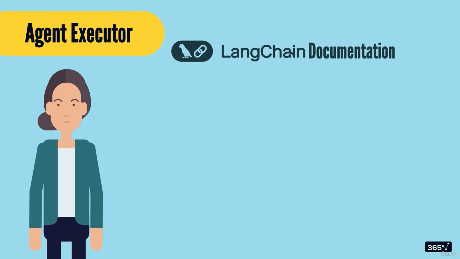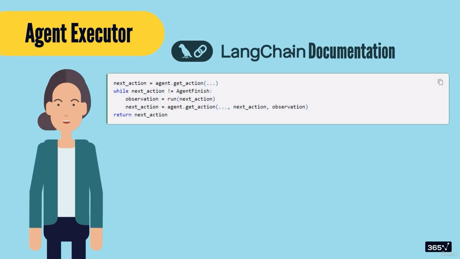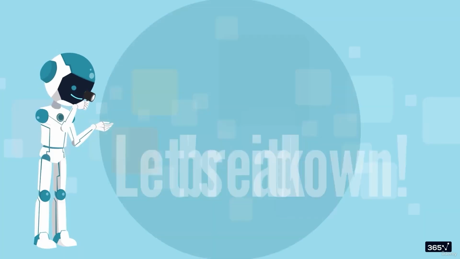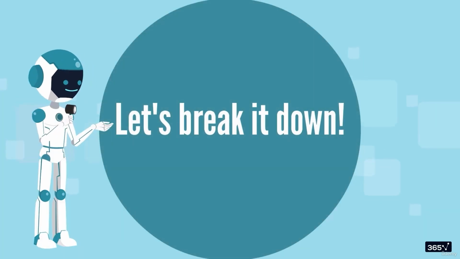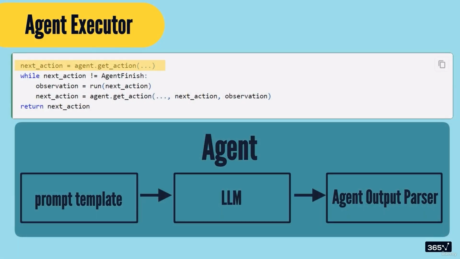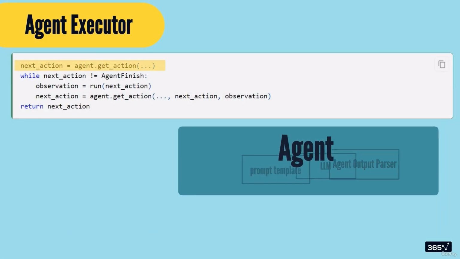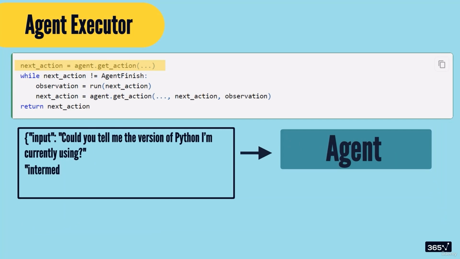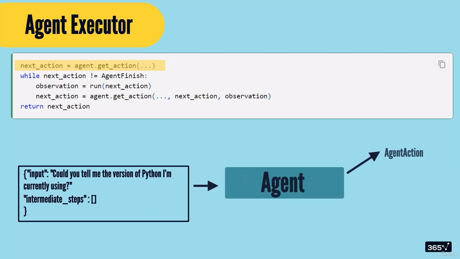In LangChain's documentation, you can find an intuitive pseudocode explanation of how this object works. Let's try to break it down into digestible steps. The agent executor's first task is to invoke the agent by passing the user's query as an input. The output can then be an agent action, a list of agent actions, or an agent finish object.